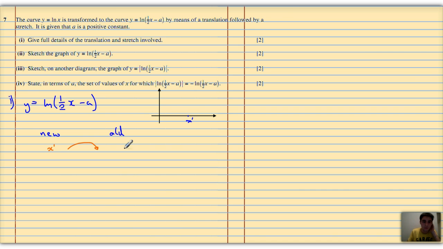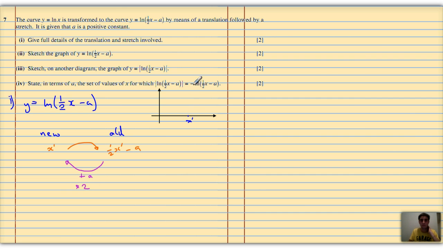All I have to do is take half of it, and take away a, to find out what the value was. I have to half it and take away a. So if I know the old value, how do I get to the new value? This will tell me what transformation I need to make. Well, I need to add a and double it.